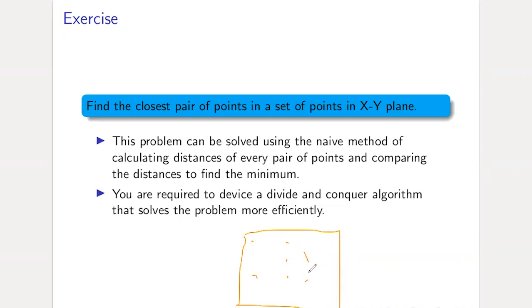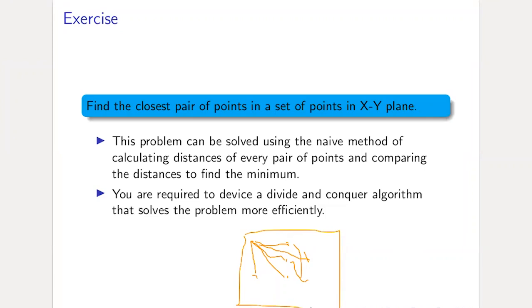One naive way of deciding that is you take the distance from every point to every other point. So if there are n points, each point has n-1 distances to every other n-1 points, so n into n-1 distances.